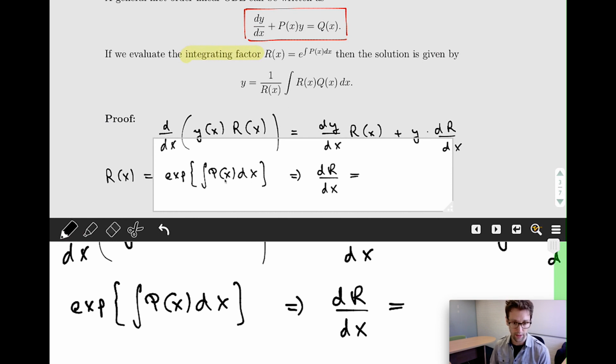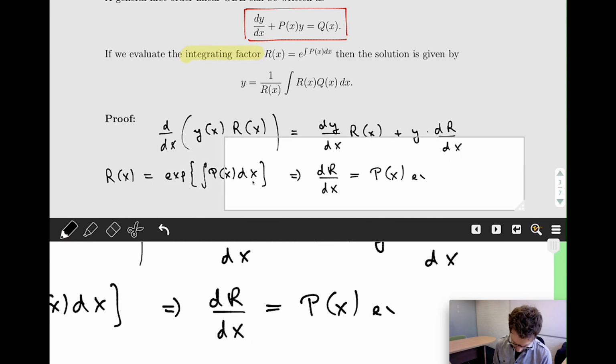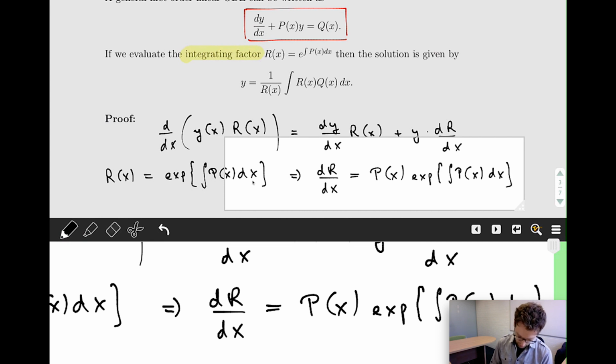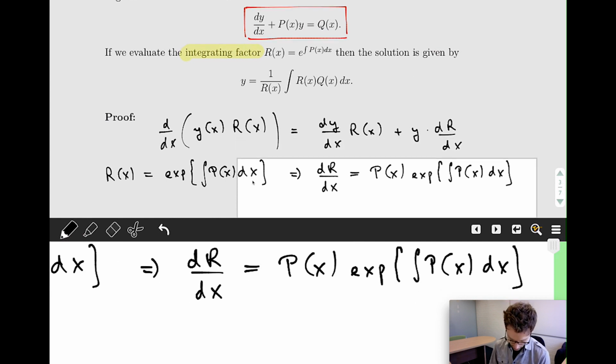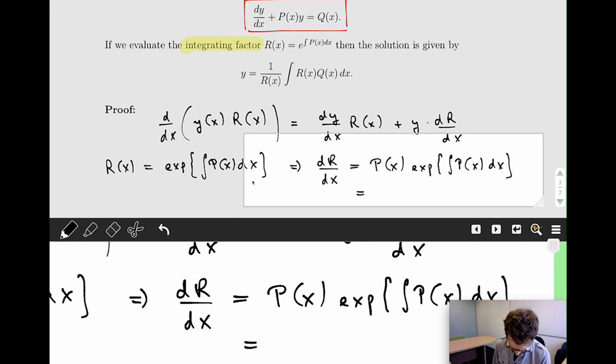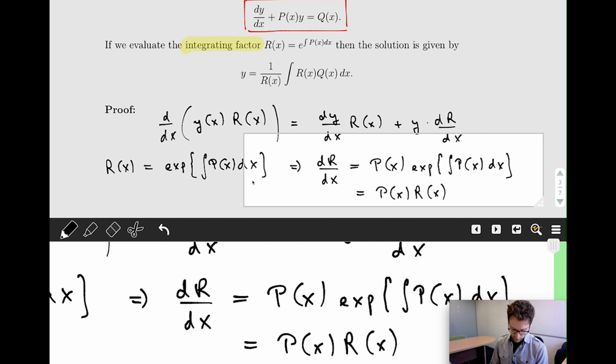Using the fundamental theorem of calculus, that's just going to give me p of x multiplied by the derivative of the exponential with respect to its argument. So that's just the same thing again. But you notice that I've got p of x times the exponential of the integral, which is simply r of x. So this is p of x r of x. So what that tells me now is that the derivative of r with respect to x is p times r.